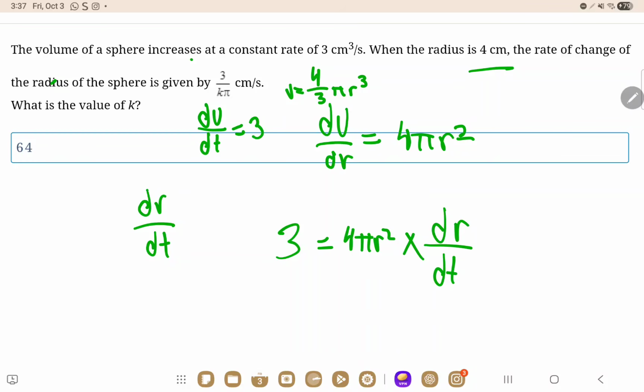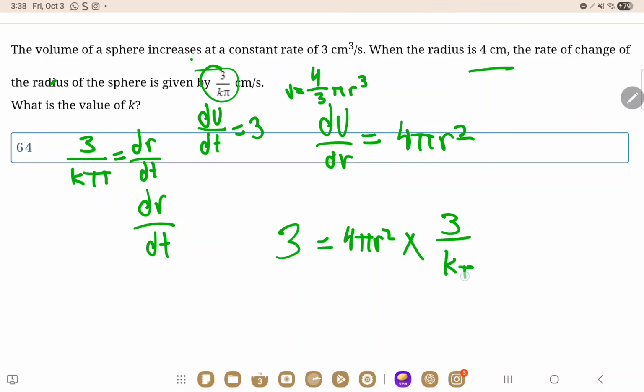Now we need dr by dt. Oh wait, we were given it. We were given that dr by dt is 3 over k pi. So we substitute dr by dt by 3 over k pi.